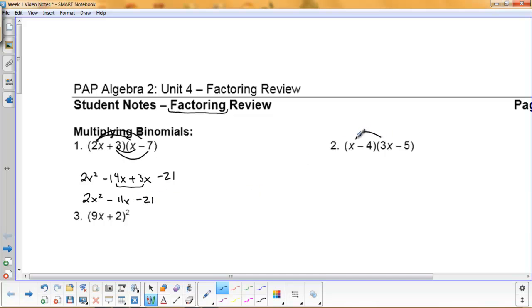Again, using FOIL or double distribution, it's going to look like this. 3x squared minus 5x minus 12x plus 20. Combine your like terms. 3x squared minus 17x plus 20.